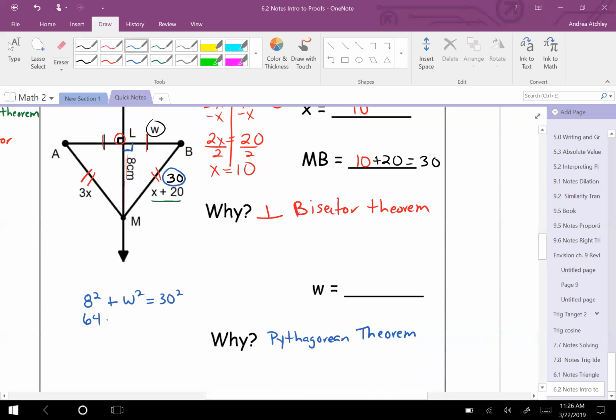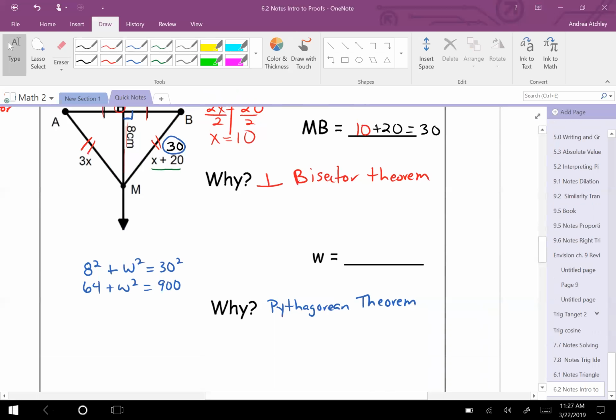64 plus W squared equals 900. Subtract the 64. Then you get W squared equals 836. Then I'm going to square root it.